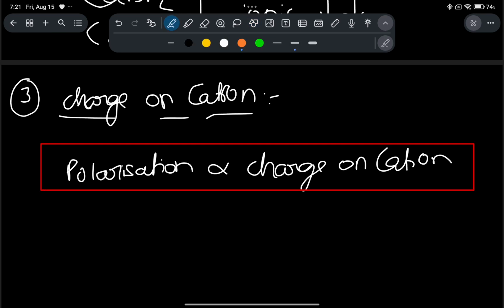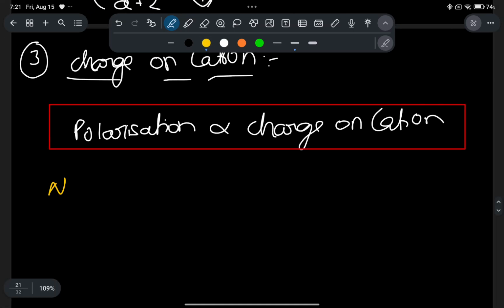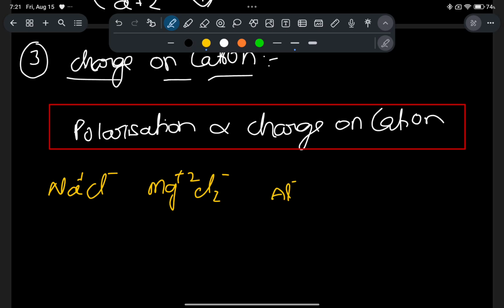For example, Na+ Cl-, Mg+2 Cl2-, Al+3 Cl3-, Si+4 Cl4-.